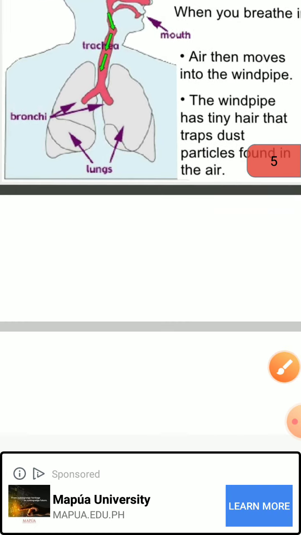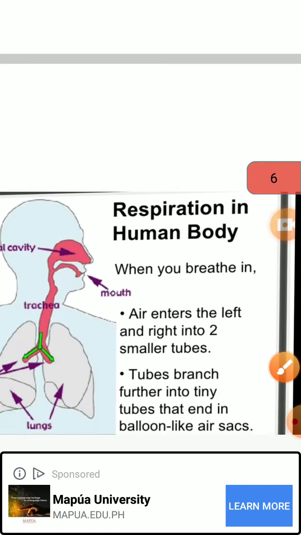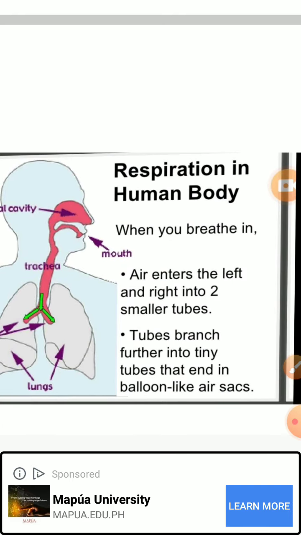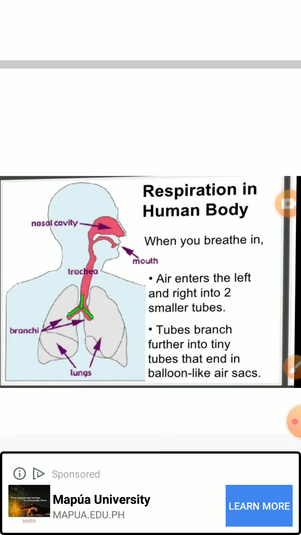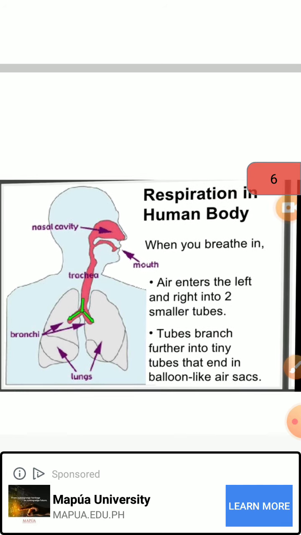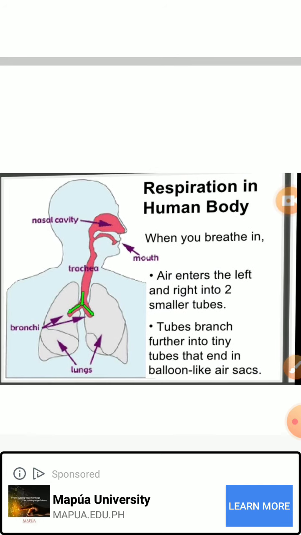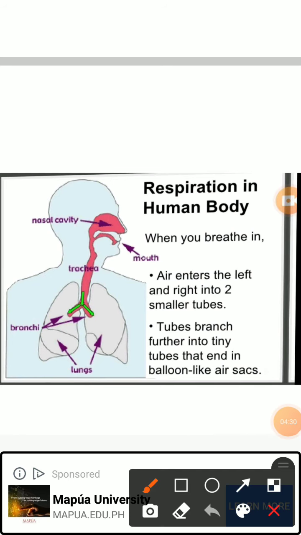Then the air enters the left and right lungs, where it divides further. The trachea divides into two parts here, and these two parts are known as bronchi.